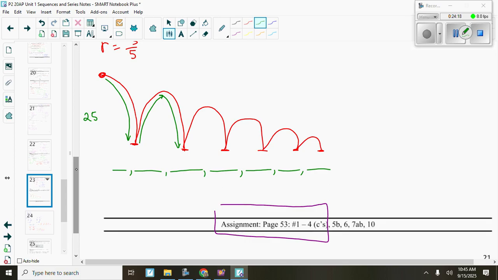But what I'm interested in is going up and coming down. Do you see that this is only the coming down part?